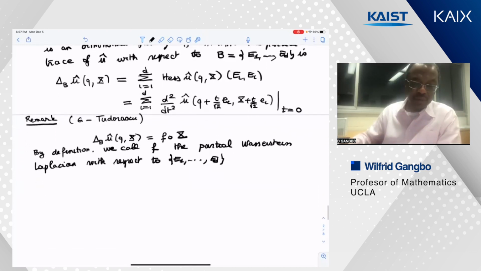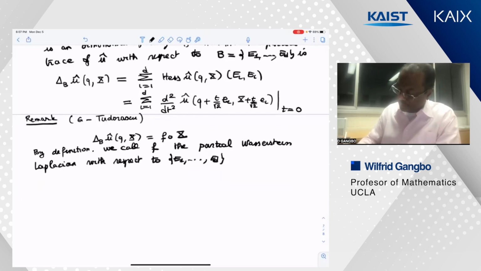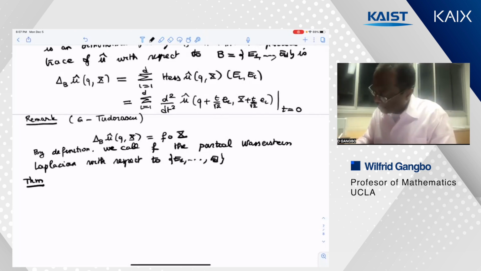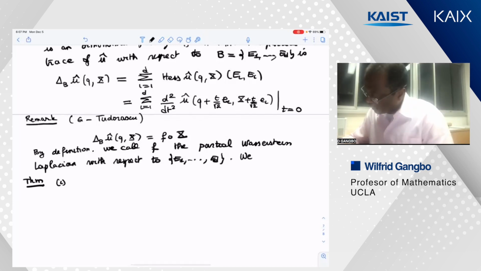Theorem. I am going to use the notation F is the Wasserstein Laplacian of U at (q, mu).